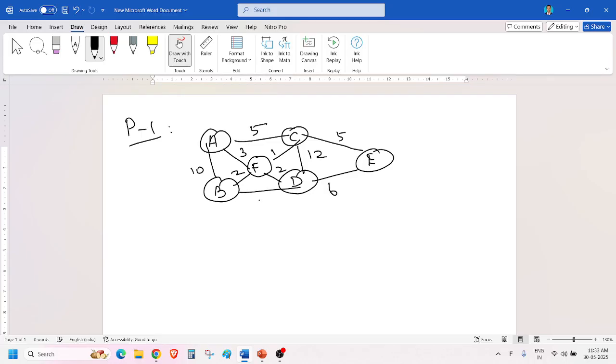So they have given you the problem, and you have to solve it using Kruskal's algorithm. You have to find the minimum spanning tree, that is, produce the minimum cost.